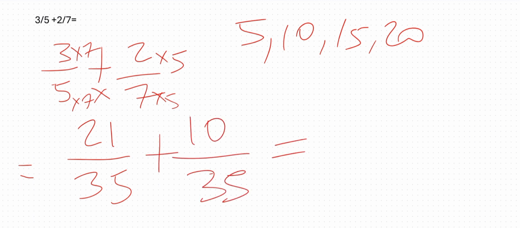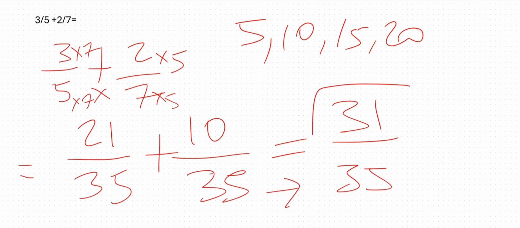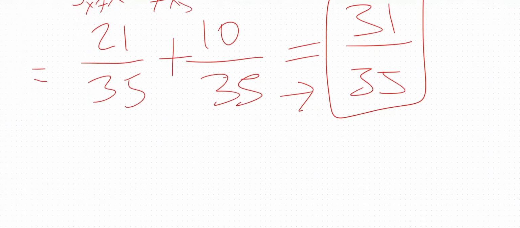Now to finish it off, 21 plus 10 is 31, and this 35 comes over. 31 divided by 35. That's our final answer. And we could double check it again using the calculator method.